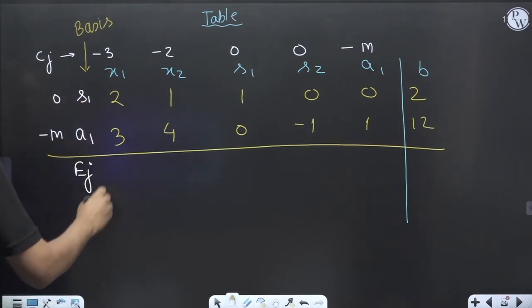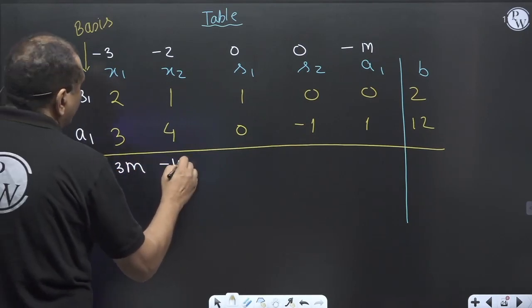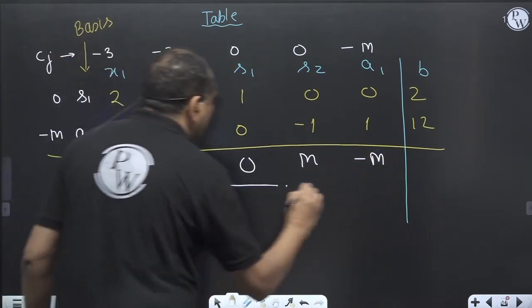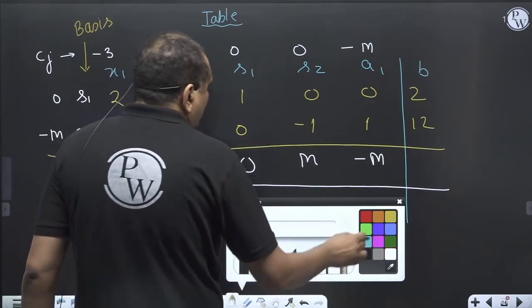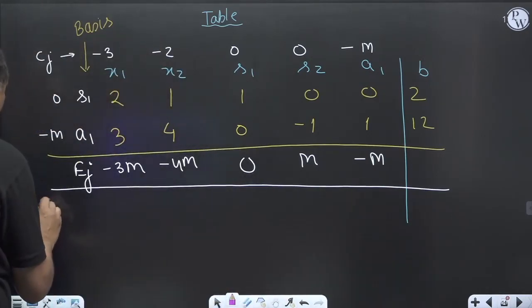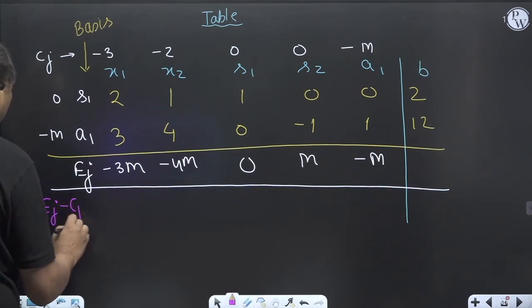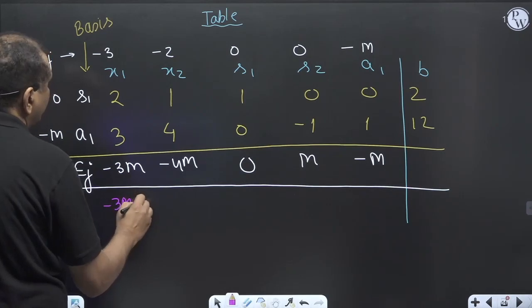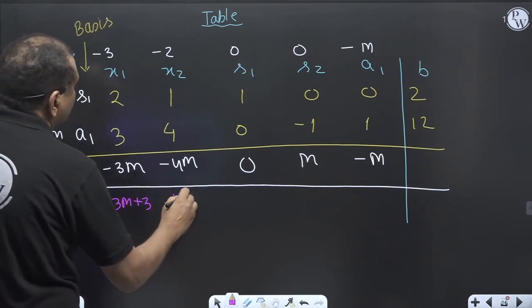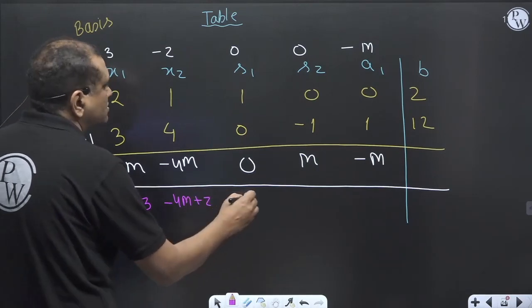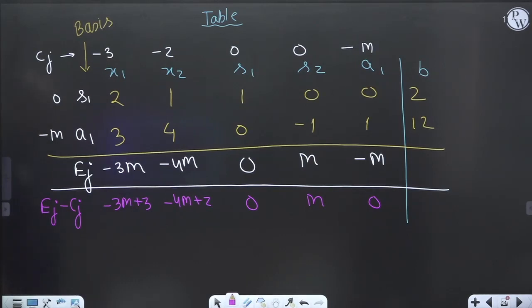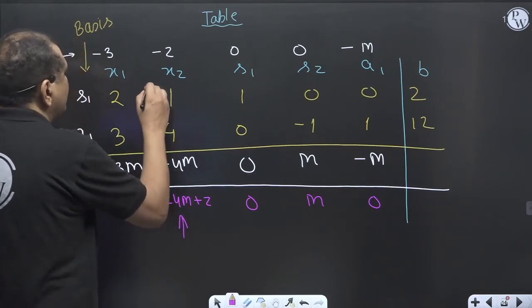Zj is -3M, -4M, 0, M, -M. Cj minus Zj is -3M+3, -4M+2, 0, M, 0. Correct? We select the maximum negative. This is the maximum negative, so this is the entering column.